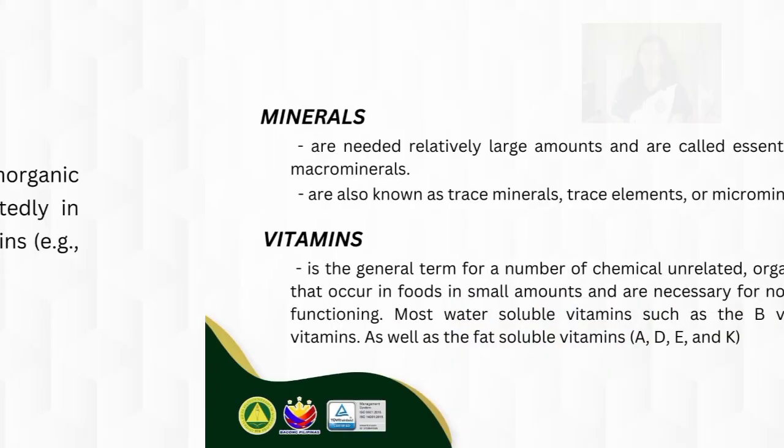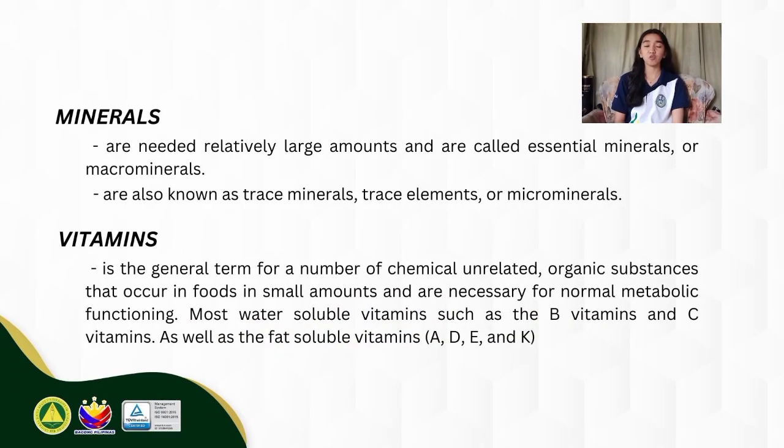So, yung minerals and micronutrients needed in relatively large amounts are called essential minerals or macrominerals. Kapag yung minerals is malaki, tinatawag siyang macrominerals. Kapag yung mga minerals naman is maliliit, ang tawag doon is microminerals.